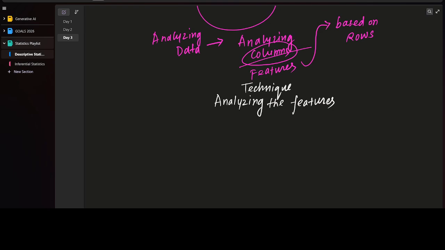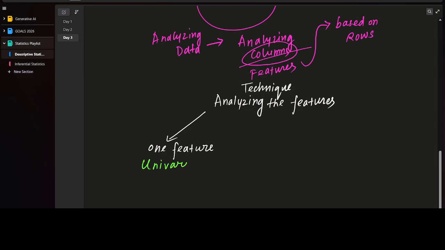If I am going to analyze only one feature, one by one, let's suppose we are analyzing one feature every time, then that technique we will call univariate analysis.